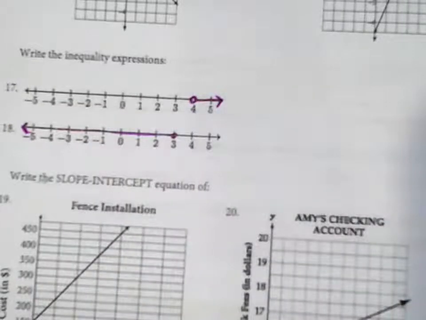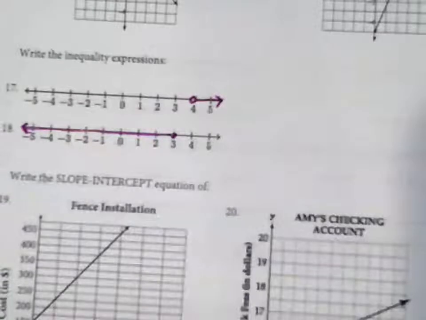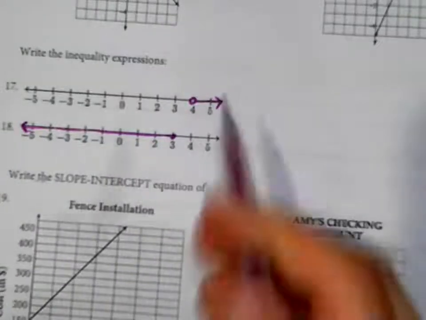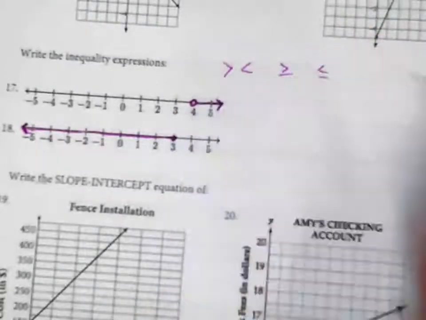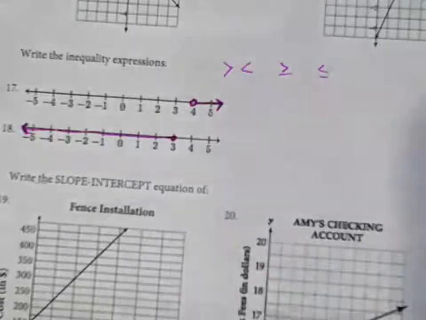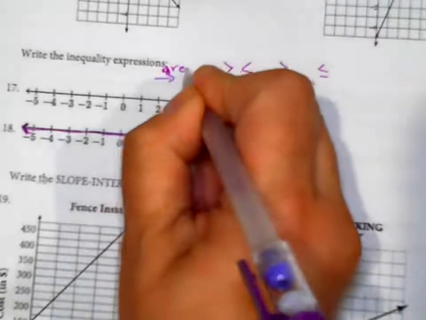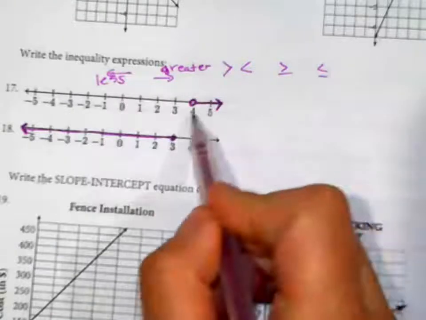Okay, so for this one, you're working backwards. Like in the very beginning, we solved the inequality and we graphed it. Here, you're doing it the other way. What we're looking for, remember, is greater than, less than, greater than or equal to, less than or equal to. If you're going this way, it's greater. If you're going that way, it's less. So we're just going to pick a variable.